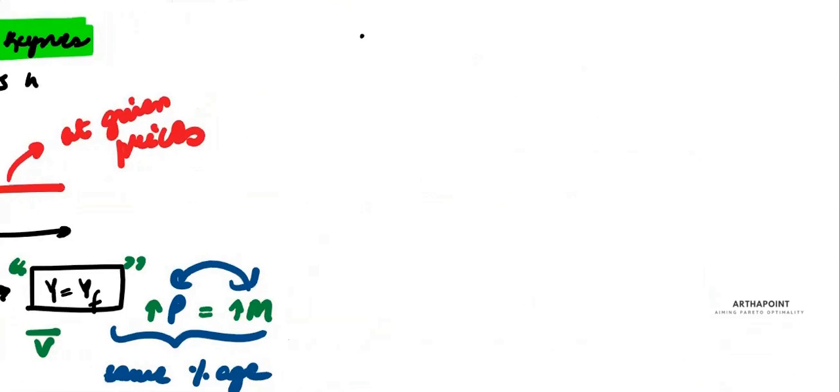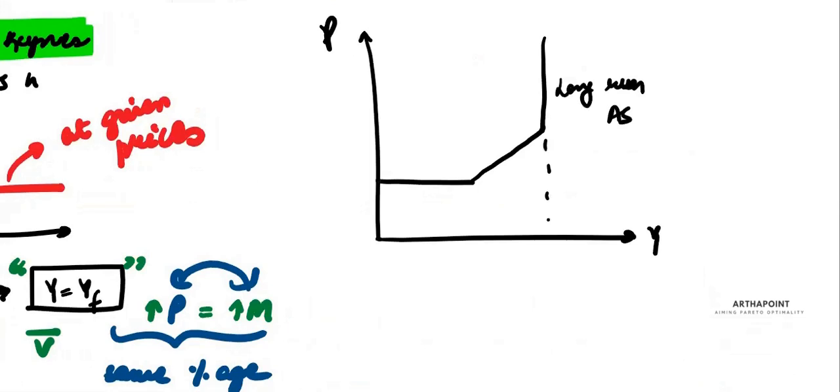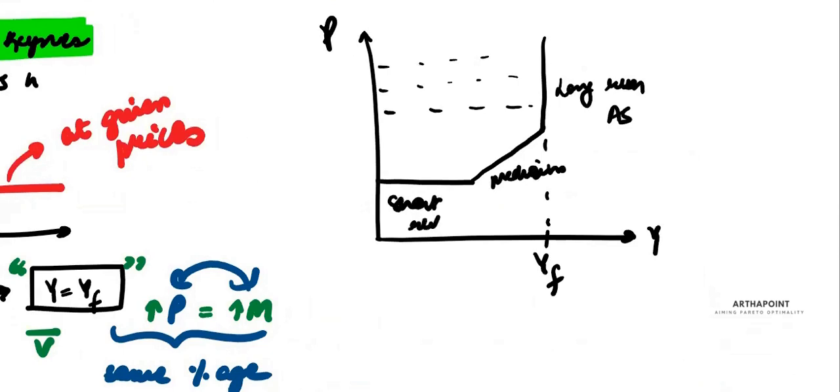If I draw the AS curves together, then this is the AS curve that I will get. This is my long run AS curve, at which, if I draw it in the PY plane, at the given level of output, only the prices increase. This is my medium run AS curve, and this is my short run AS curve.